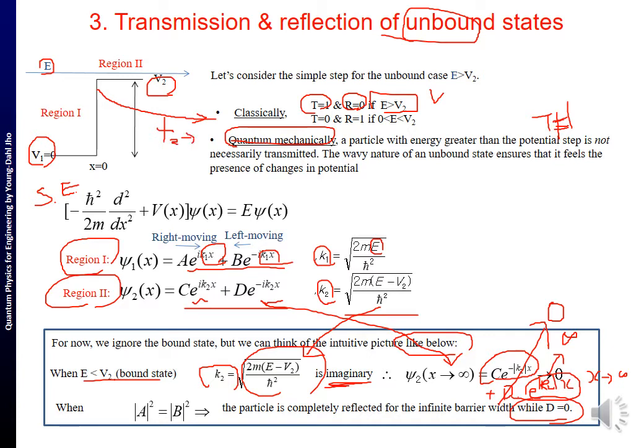Psi 2 goes to 0 for a bound state as x goes to infinity. So for the infinitely thick barrier, our wave function decays to 0. But how about a finite barrier? You will consider this later on.